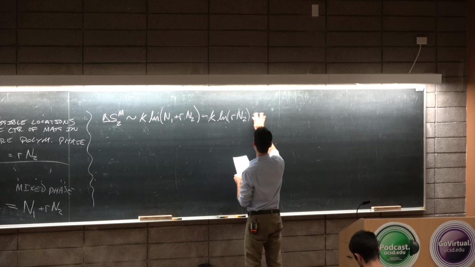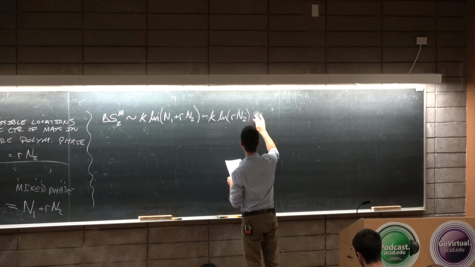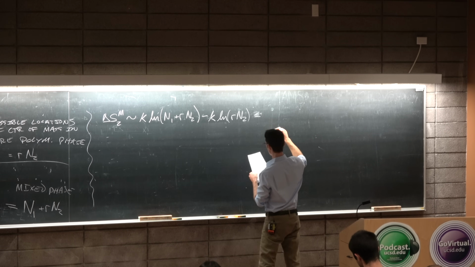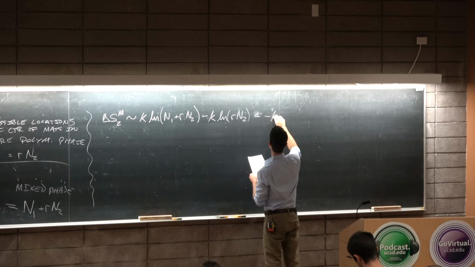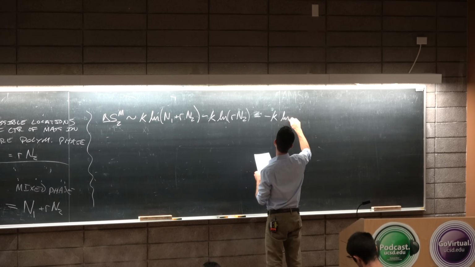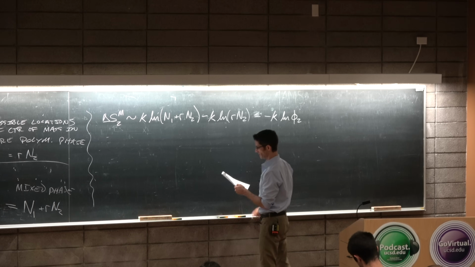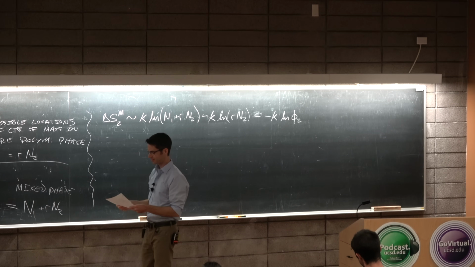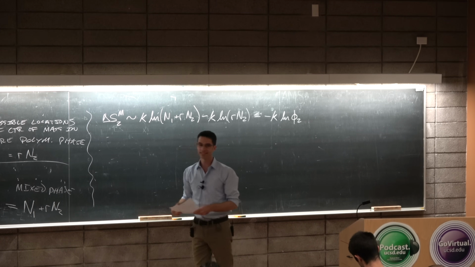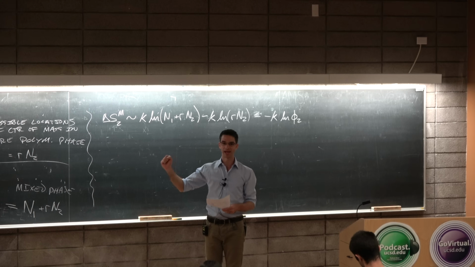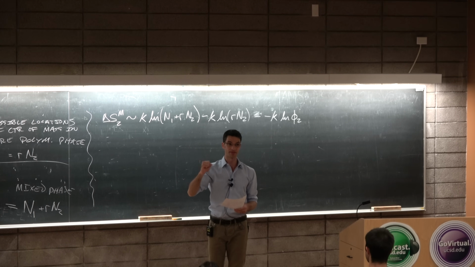And by our definition of phi, the volume fraction, this is negative k natural log phi 2. Now we can make the same argument for the center of mass of the solvent molecules.